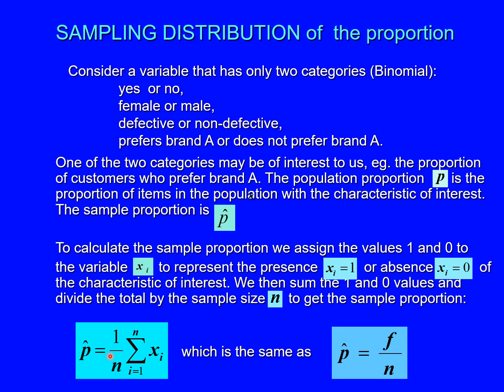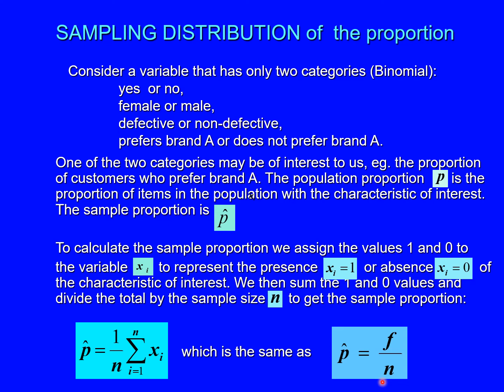Then we can consider that P hat equals the average. But if not, then we can only use this law: P hat, the sample proportion, equals the number of units with the characteristic of interest over the whole number of units. How many units have the characteristic of interest divided by the number of units in the sample?